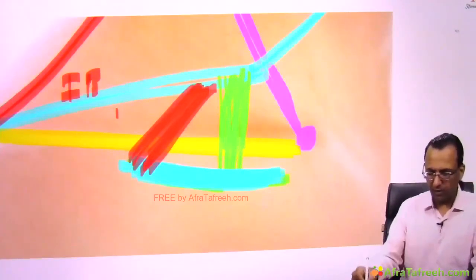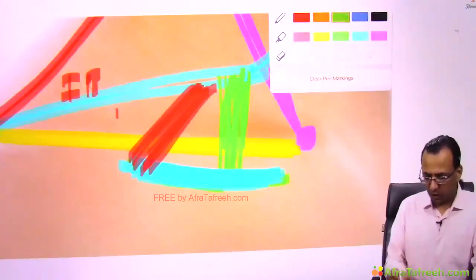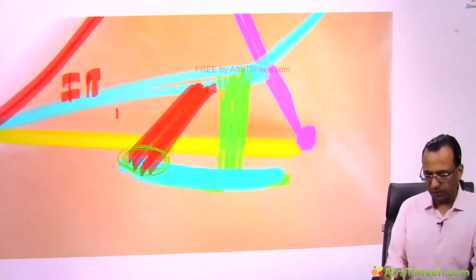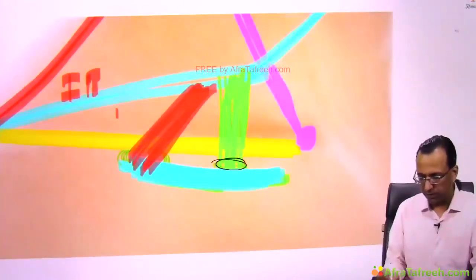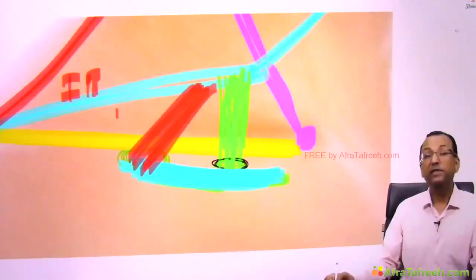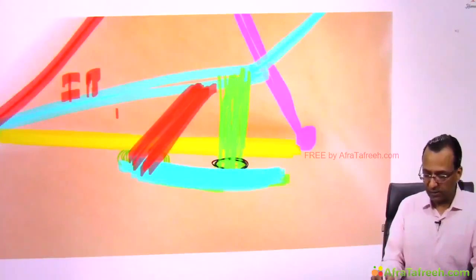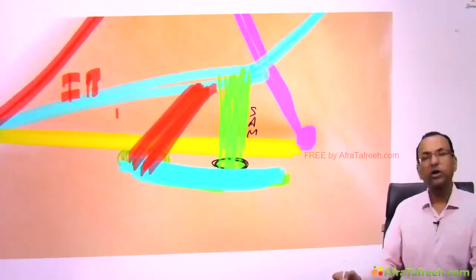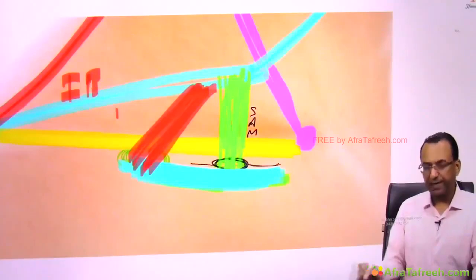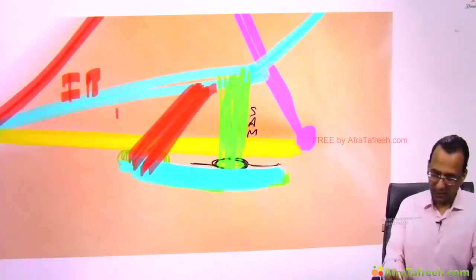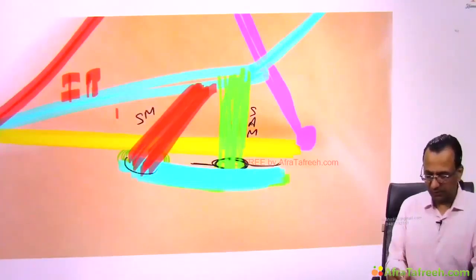Scalenus anterior muscle inserts to the scalene tubercle on the inner border of the first rib, and scalenus medius inserts on the superior surface of the first rib.